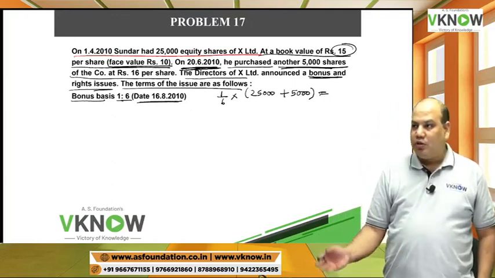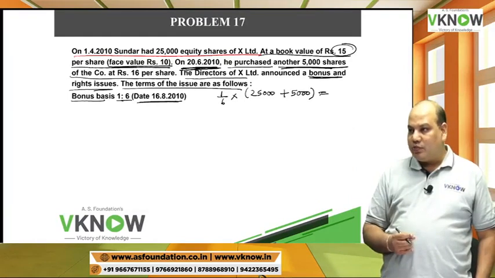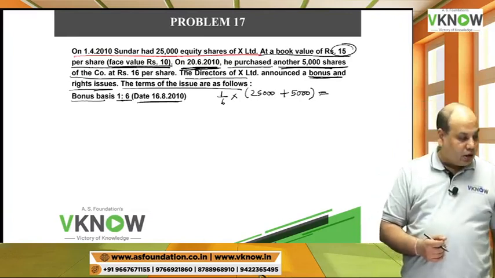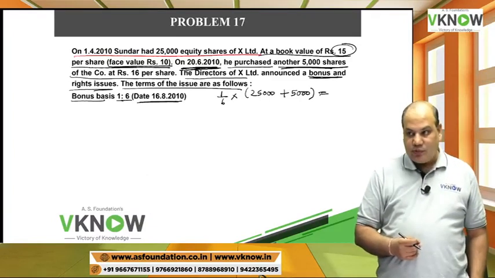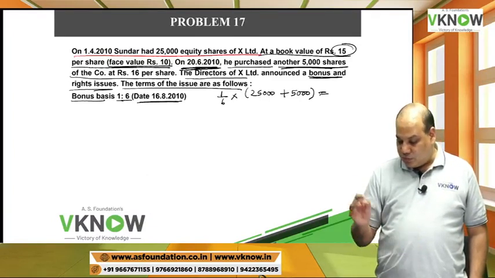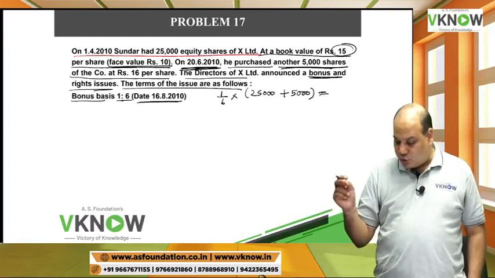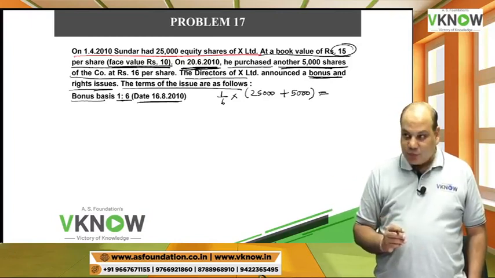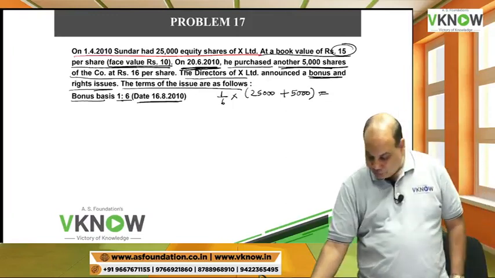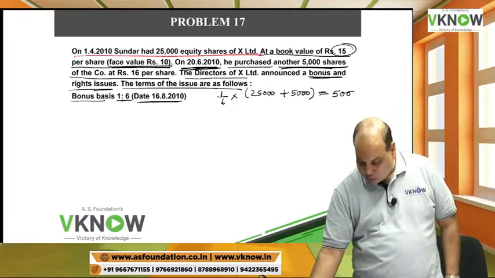So tell me how many bonus shares will be received by Mr. Sundar? On the screen I have written the calculation. 25,000 plus 5,000 into 1/6. So that is 30,000 divided by 6. 5,000 shares.